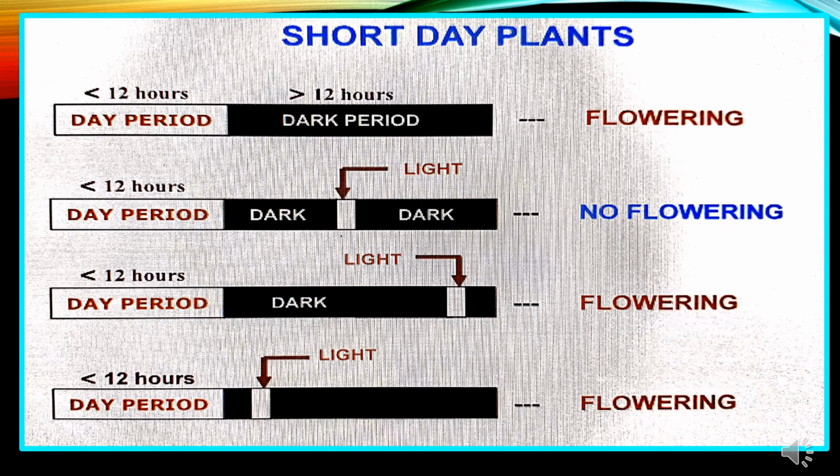In the third case, when the day period is less than 12 hours and there is a prolonged dark period for a long time, and again in between if there is a light period and again a dark period, then in such case also there will be flowering. And in the fourth case, when the day period is less than 12 hours and at the beginning of the dark phase there is an interruption of light and again for a longer period there is a dark period, then there will also be flowering.